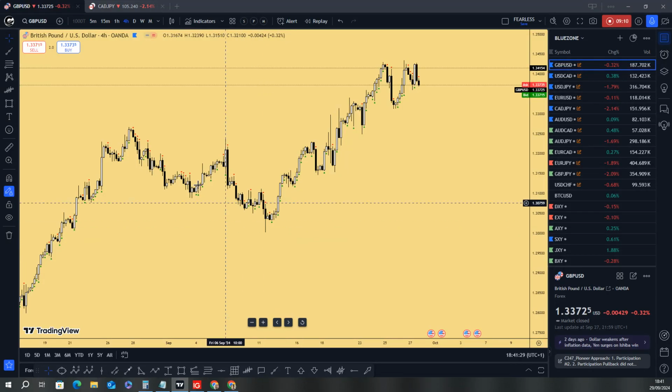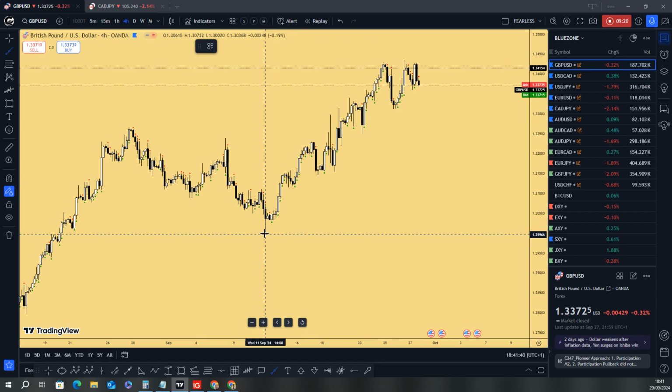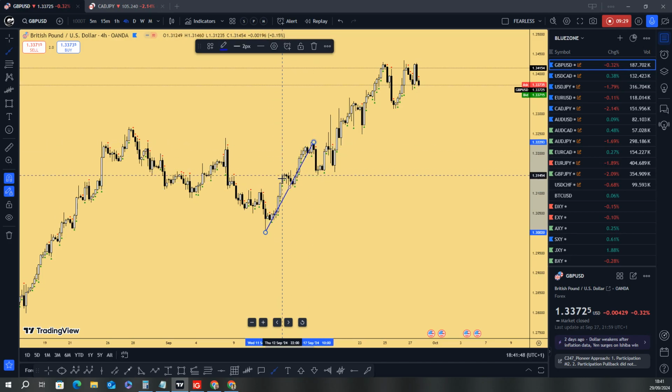So what I'm going to do, we've seen this is a pullback or a normal correction because this is ABC down, but we can count this wave up to see what is going on. All right, so I'm going to do that. We have 0, there's a structure here, 1. I'm just going to draw it, then we can count it.